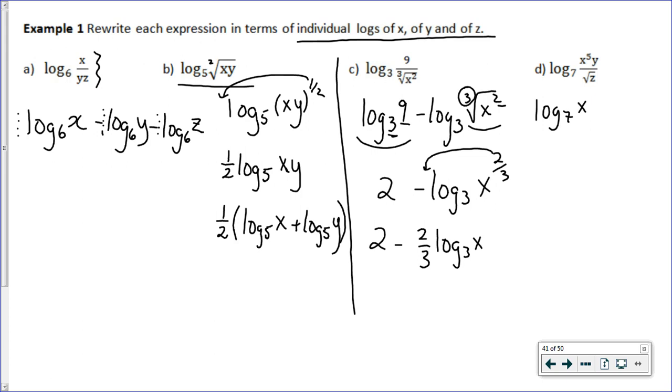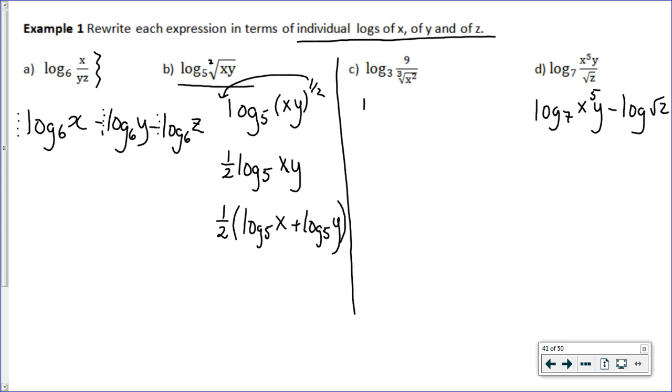of x to the 5th y minus, because this guy's in the denominator, log root z. And then I might give myself some more room over here to work.